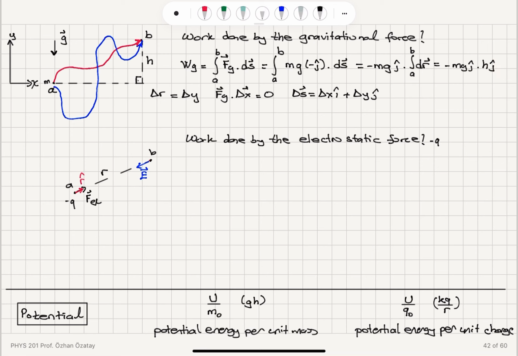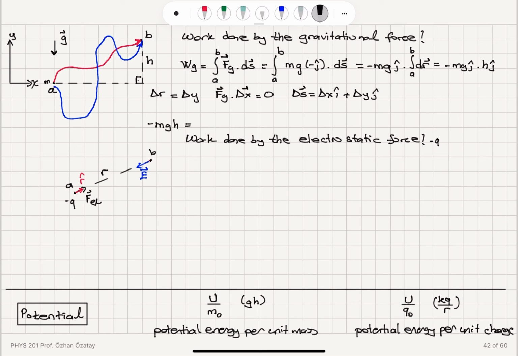So what I find is that minus mgh is equal to the work done by this gravitational force. The work done by the gravitational force is minus the change in potential energy. So minus delta U is the integral A to B of FG ds.